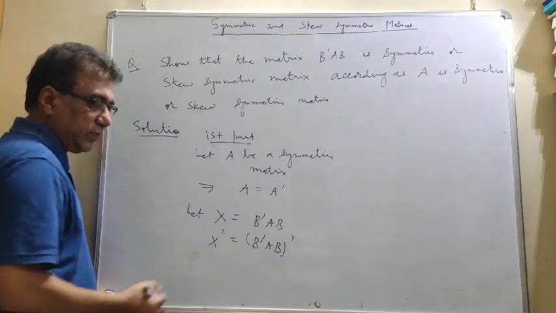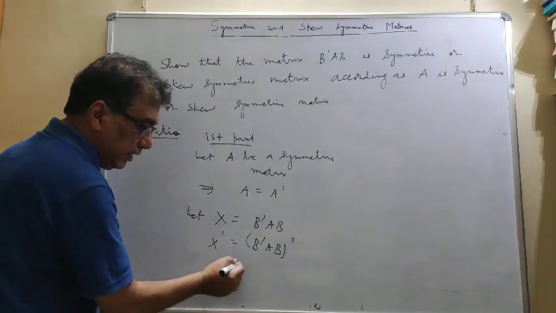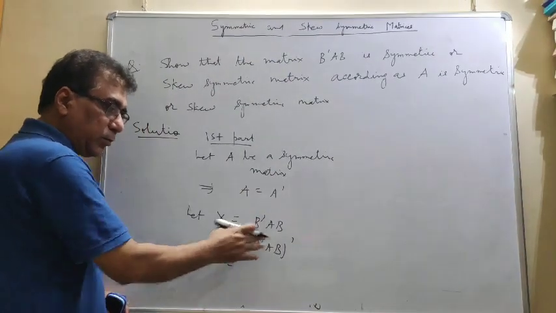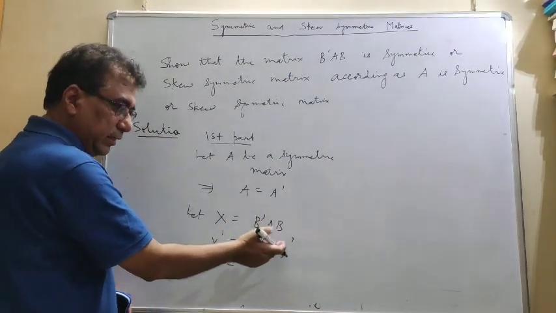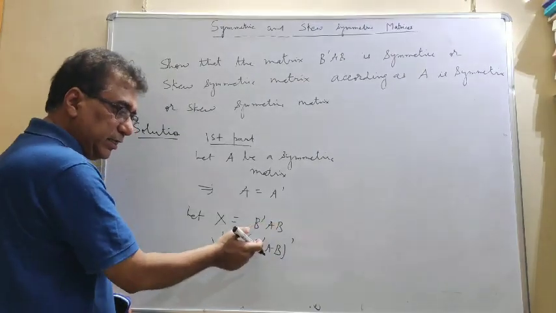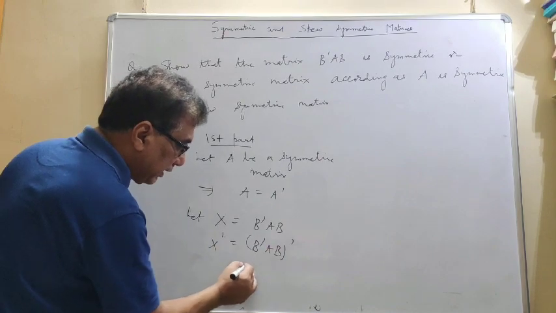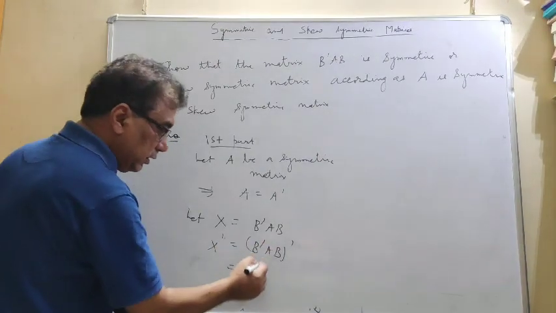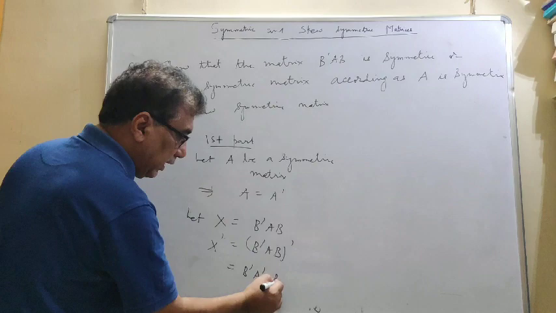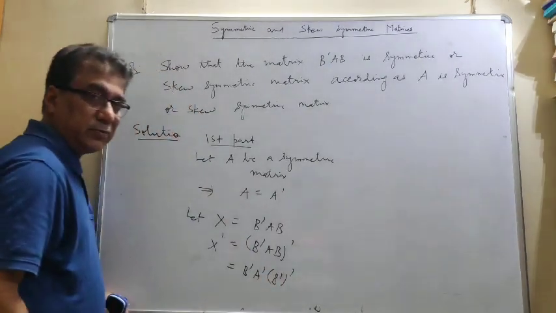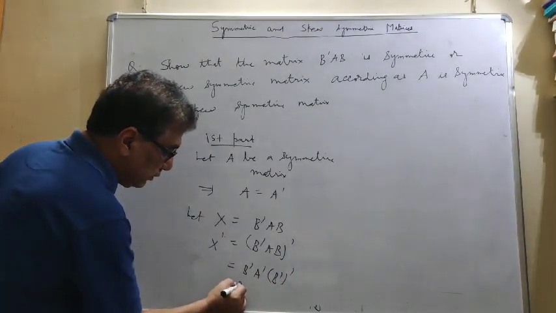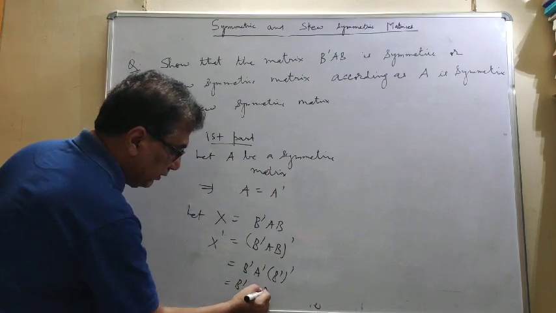Now this is a product of three matrices, and whenever we apply transpose on a product of matrices, then the transpose is distributed on each matrix, but it is written in the reverse order. That means this B will come here with transpose, this A will be in the middle, and this will come in the last place. And then this will be B dash, A and B.